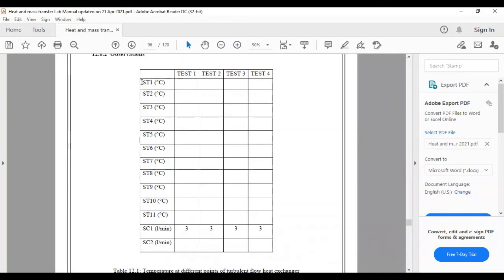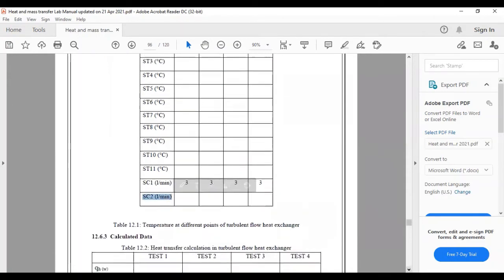The odd-numbered sensors, for example ST1, ST3, ST5, mostly represent the values of hot water temperature, and the even-numbered ones like ST2, ST4, and ST6 show the values of cold water temperature. So we have got the values of all of these temperatures as well as the flow rate of hot water and cold water.